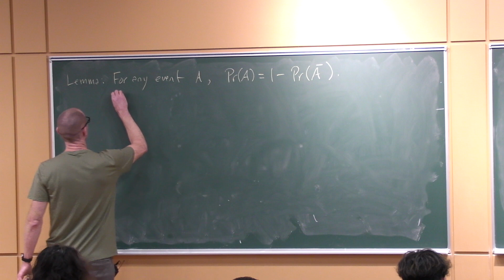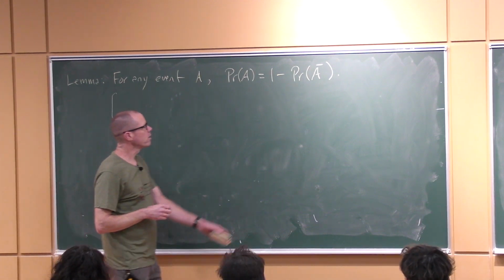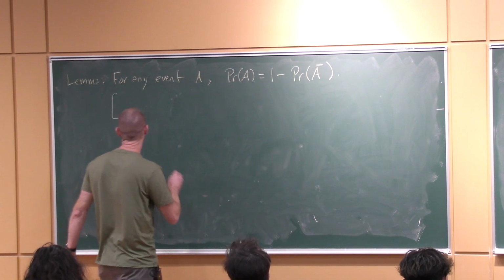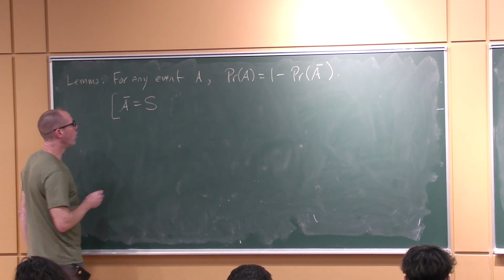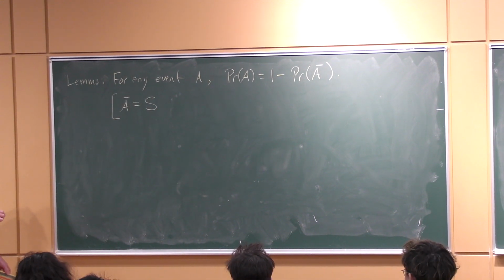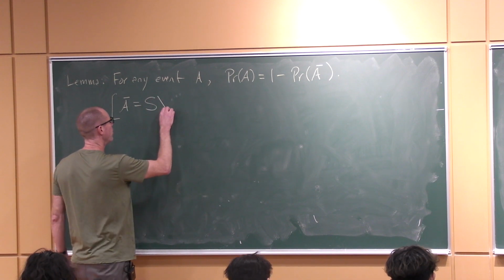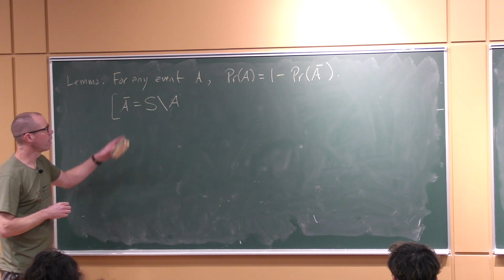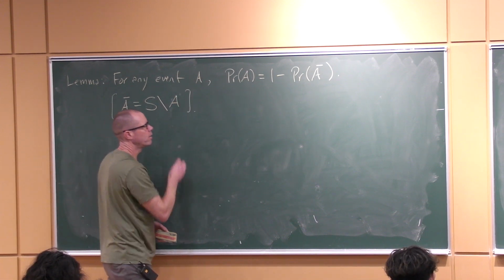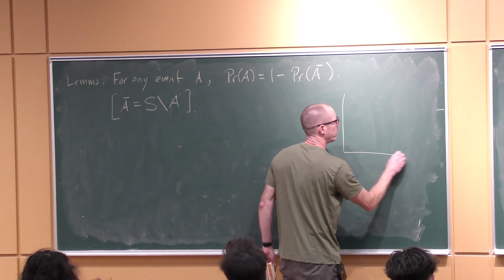And what is this A with a bar over it? This is the complement of A. A bar is you take the whole set of possible outcomes and you take away A, and that's what's left. So what is this saying?